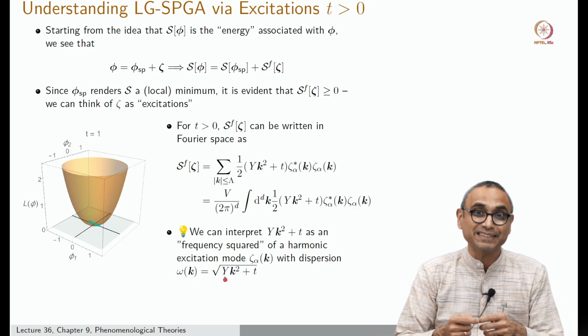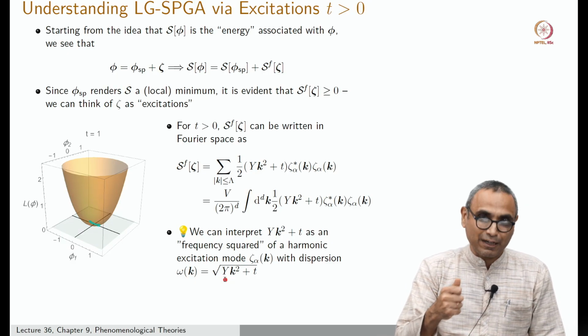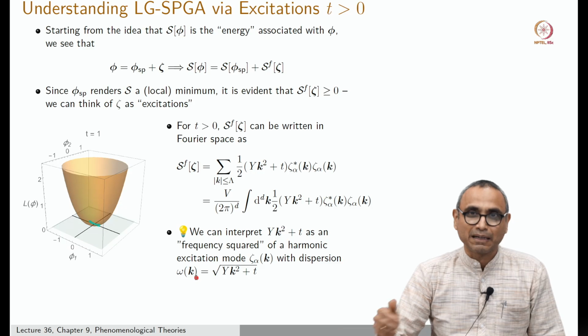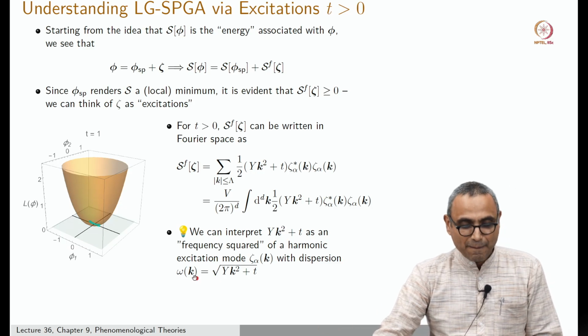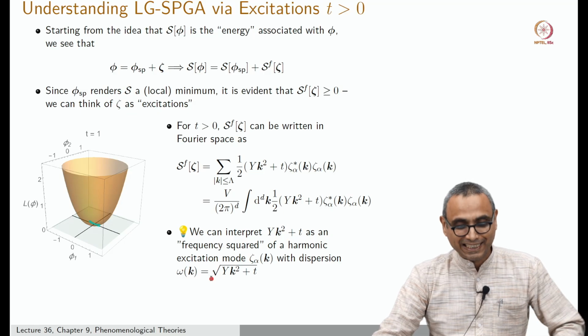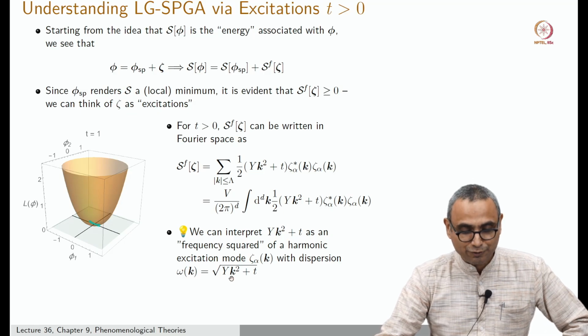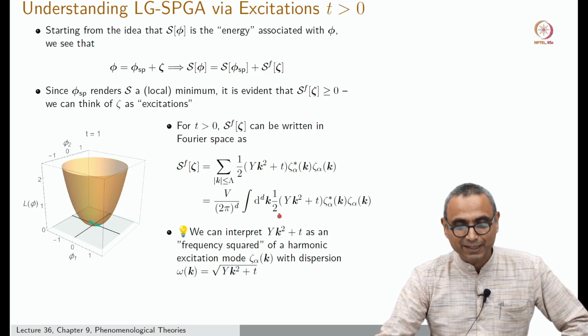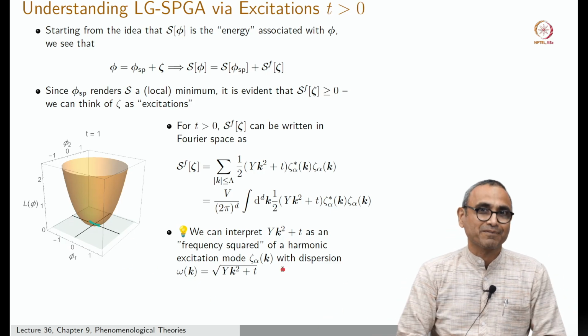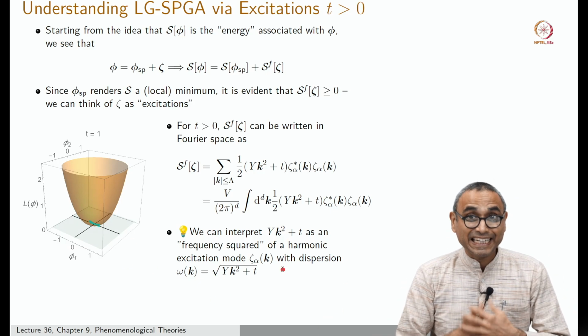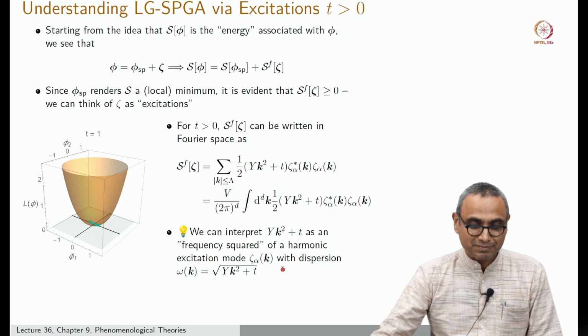Dispersion means momentum k as a quantum number, some label of an excitation, and omega of k, the frequency associated with that, is the square root of yk square plus t. I am simply using an analogy to the harmonic oscillator, thinking of this as some frequency square, and this is what I call the frequency. So this is an interpretation of this.